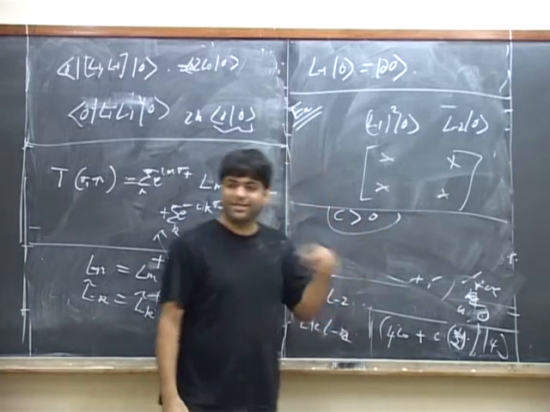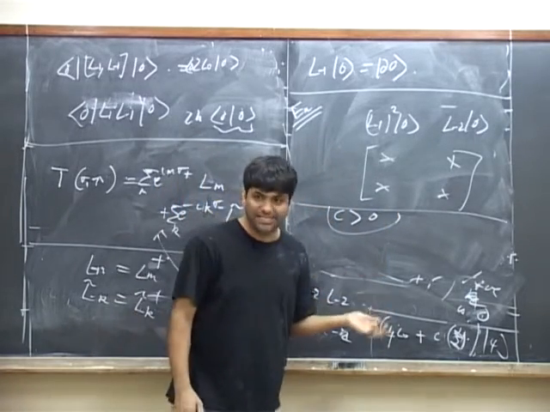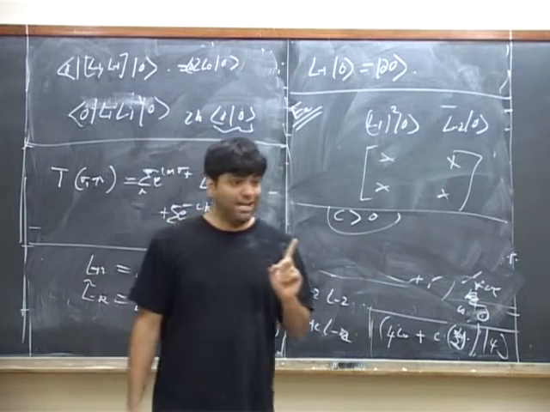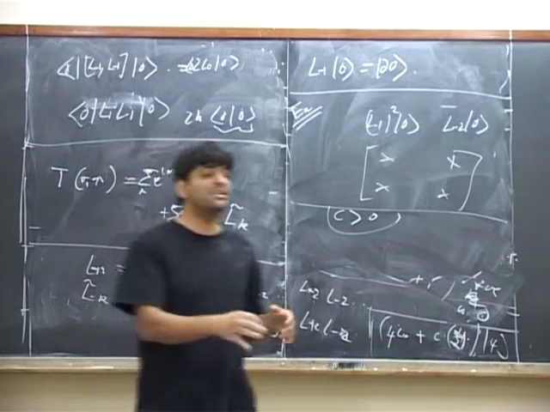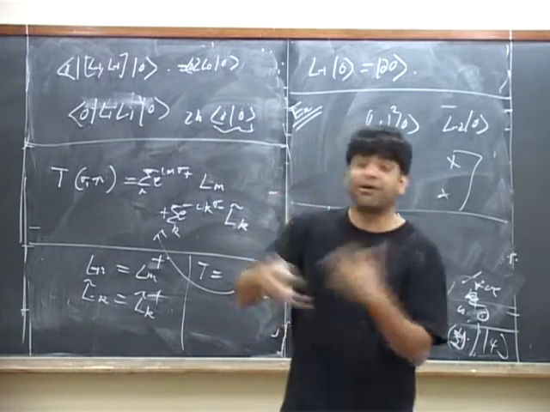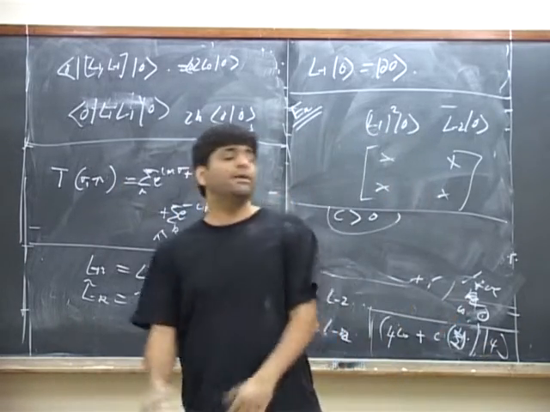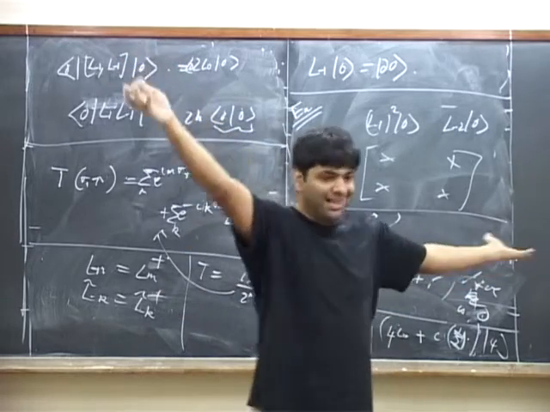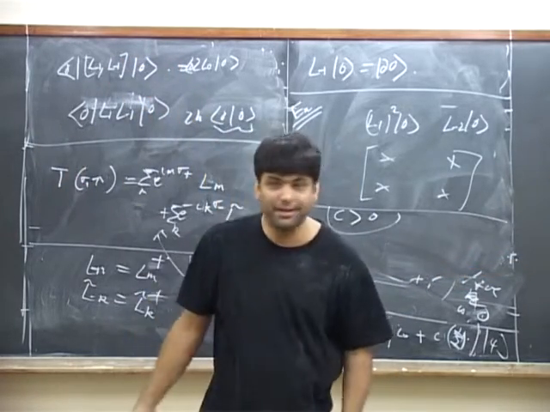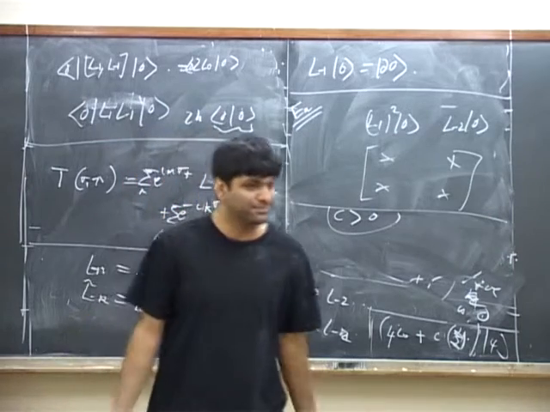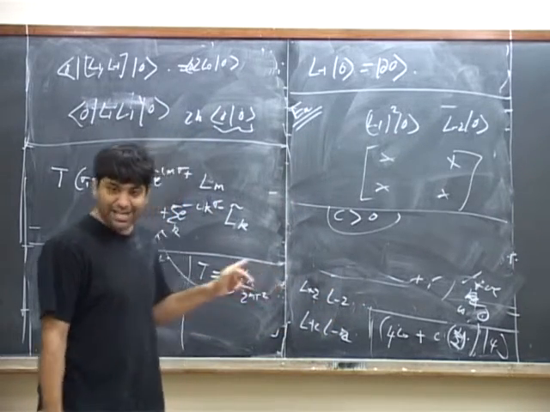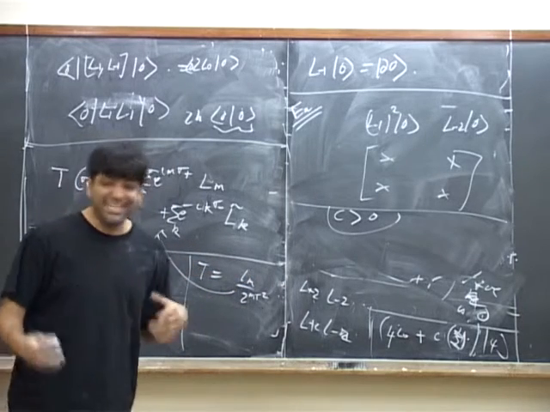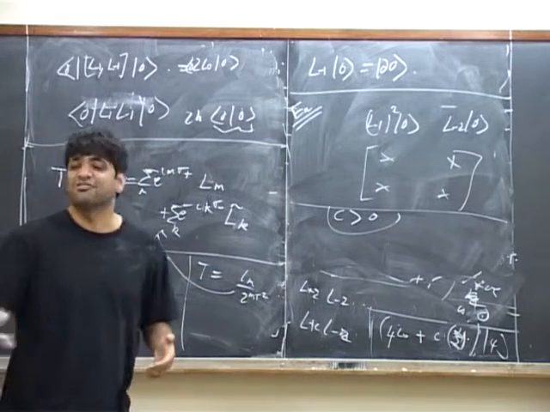Once you've done this calculation, we'll discuss it a little bit in class next time. What this calculation shows you is that, where did we get the C from in the TT OPE? We just said, what is the most general possible TT OPE? We put in that C, but C could have been 0. What this calculation shows you is that C equals 0 is essentially a very trivial theory.